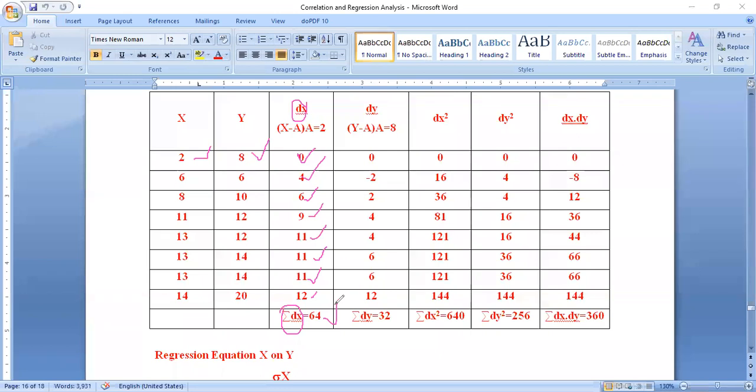You see once again how we got the x values; the same procedure we apply for the y values also. I think it is understood, students. If you have any doubts regarding dx and dy, you can see this again, it is very simple.